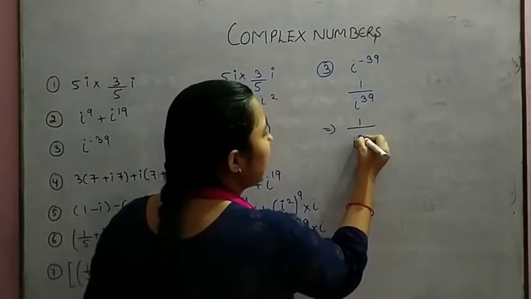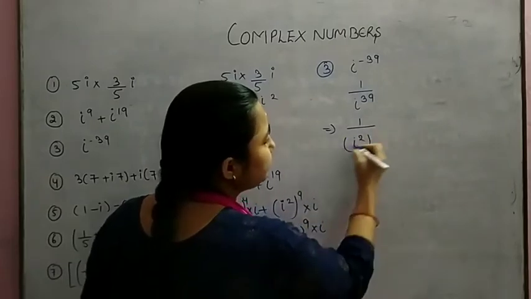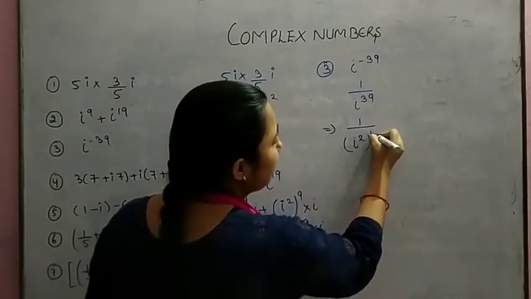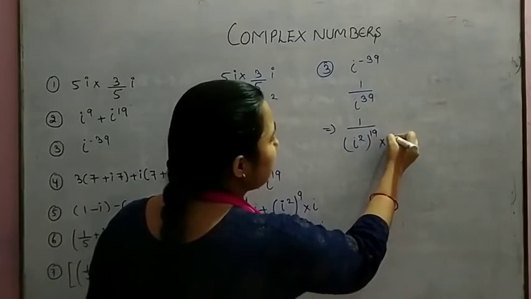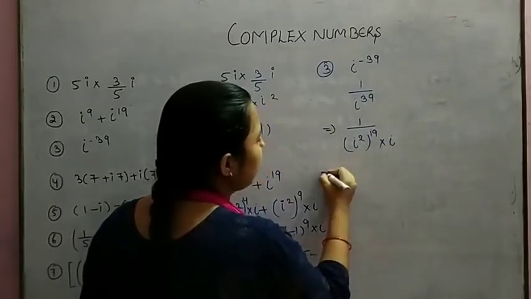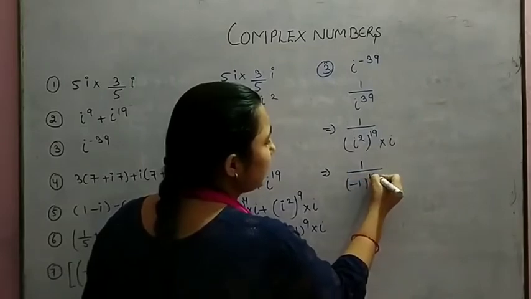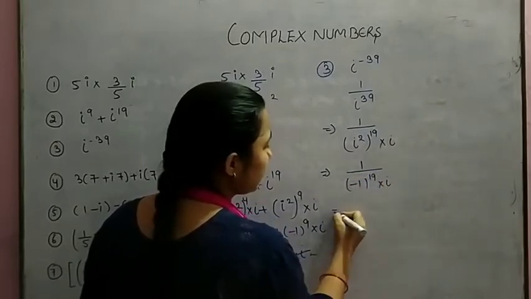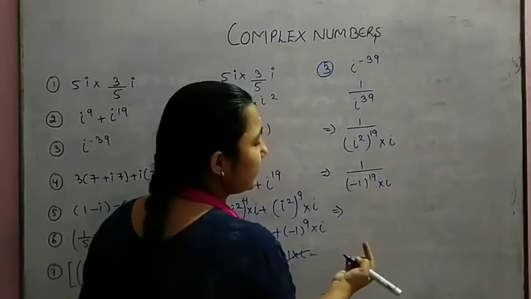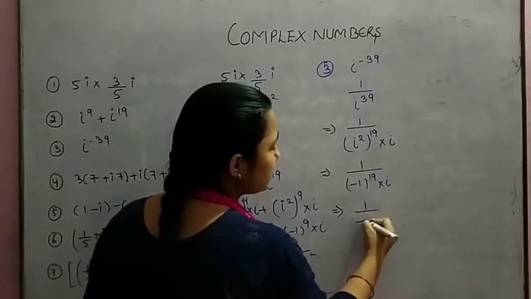Then convert to i square to the power 19 into i, 19 into 2 is 38, into i, 39. Just put the value here. We get minus 1 to the power 19 into i. So we get minus 1 to the power 19, again minus i.